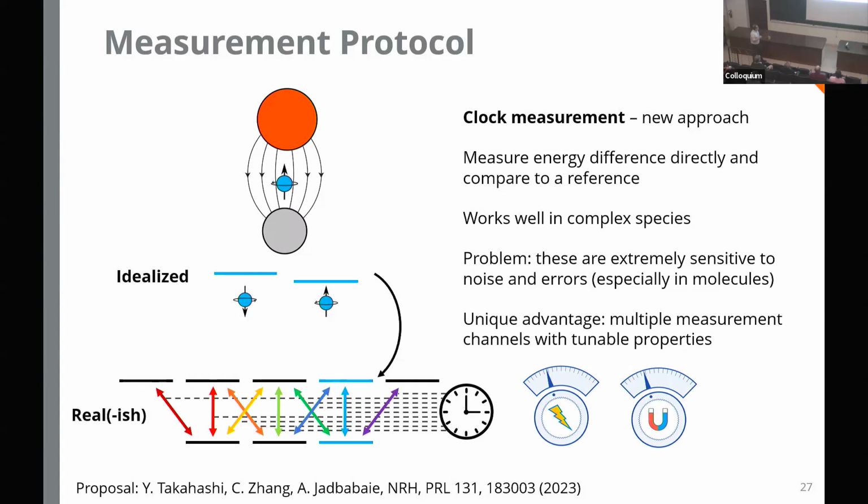We can measure all of these transitions and compare them to a clock to, say, get rid of a lot of common mode errors. But also there's a unique property that with polyatomic molecules in these symmetry-lowered states, you can actually tune the properties of all these transitions, in particular their electric and magnetic response. And so you can make the transitions very robust to noise and therefore good clock states.